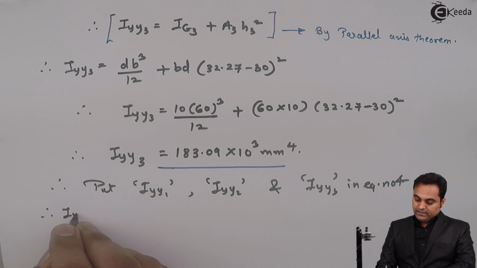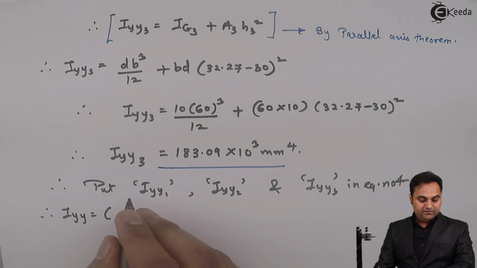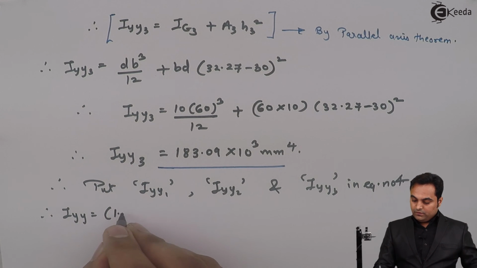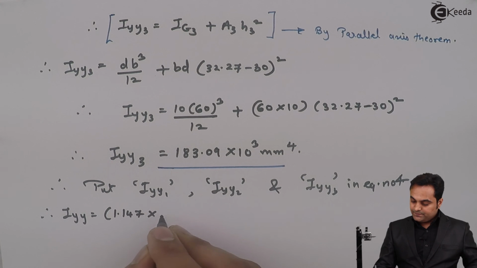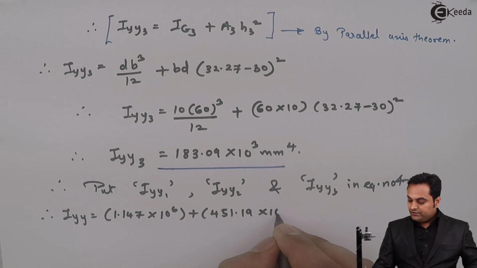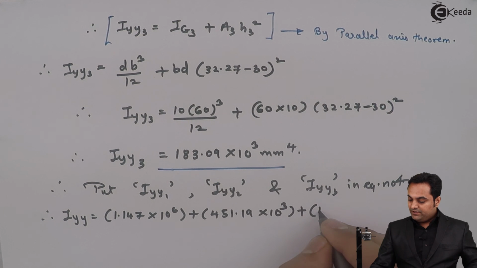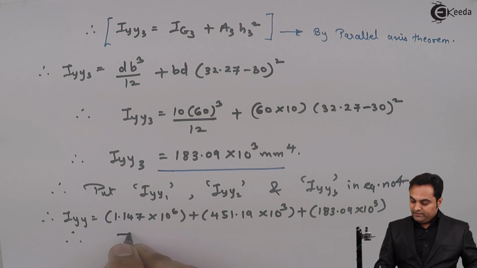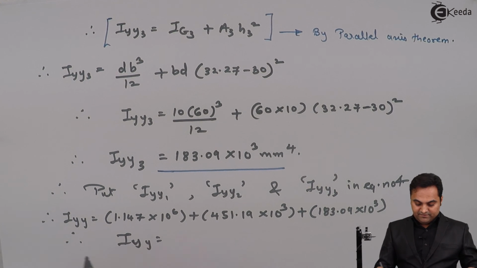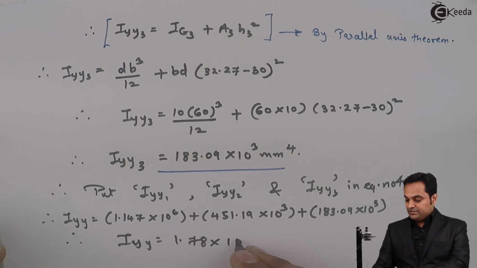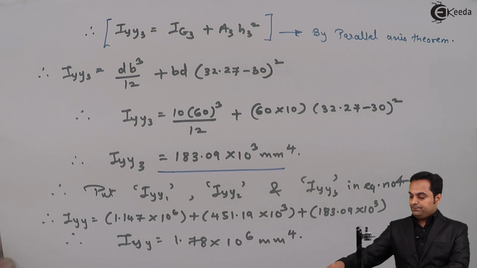So therefore Iyy will be Iyy1, it was 1.147 into 10 raised to 6, Iyy2 451.19 into 10 raised to 3 plus Iyy3 183.09 into 10 raised to 3. So after adding all the values, I get my final answer of Iyy, and it is 1.78 into 10 raised to 6 mm raised to 4.